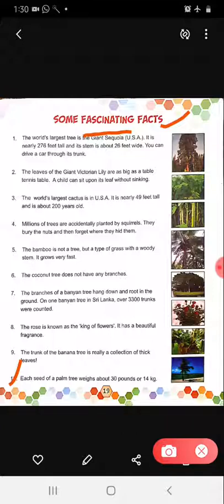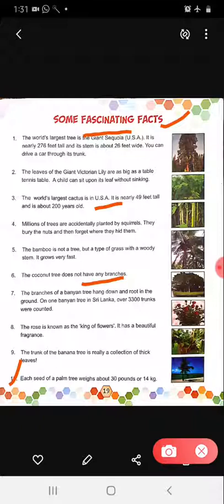Like the world's largest cactus is in the USA. It is nearly 49 feet tall and about 200 years old. Now, the coconut tree does not have any branches. This is another fact about trees.